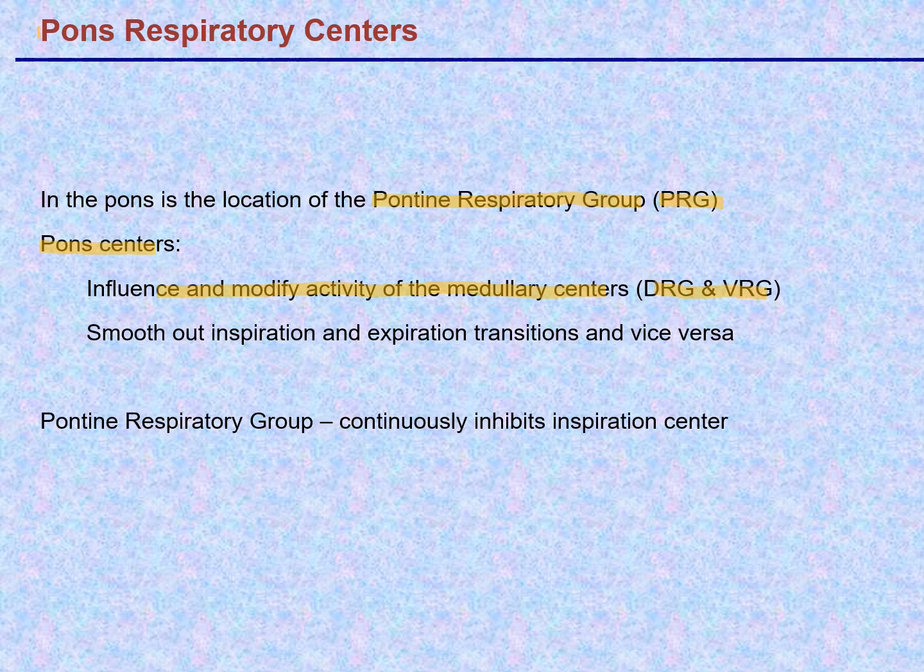Instead of you breathing in and then holding it for a second or so and then breathing out, you tend to breathe in a smoother kind of fashion. You carry out this kind of smooth tidal breathing, and that's due to the activity of the PRG, which tends to smooth out the inspiratory and expiratory transitions.